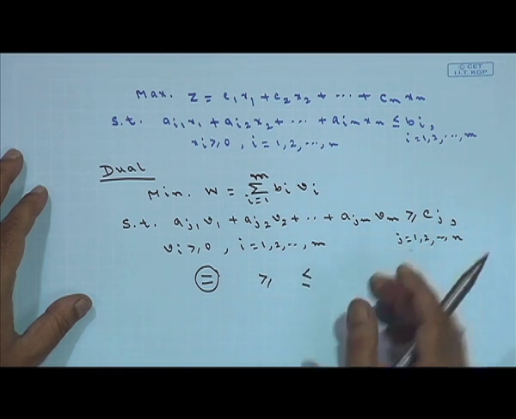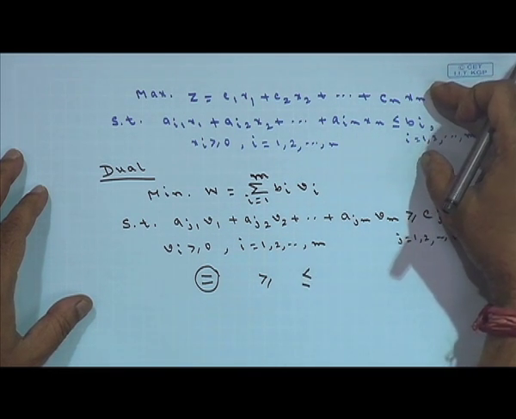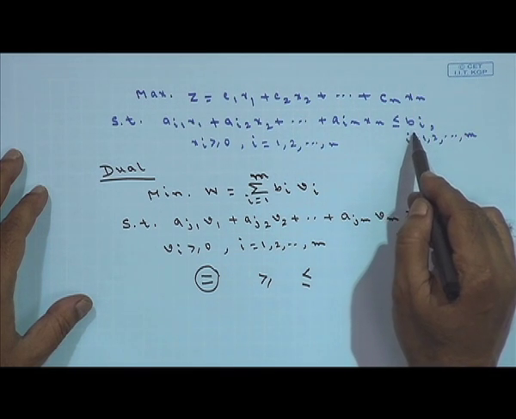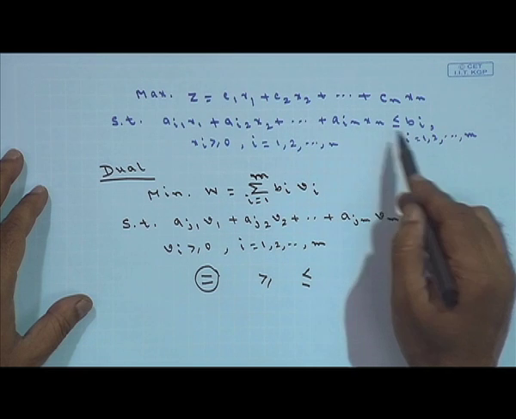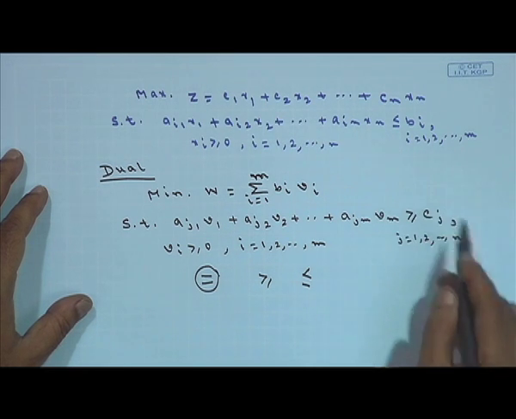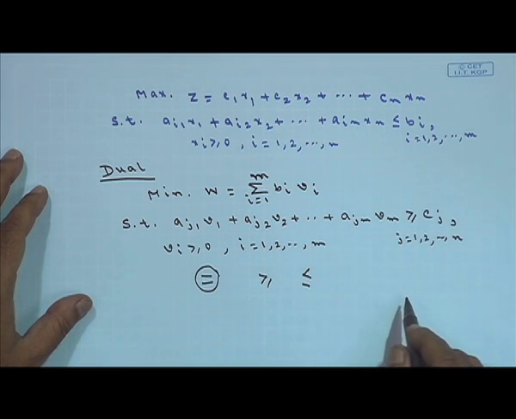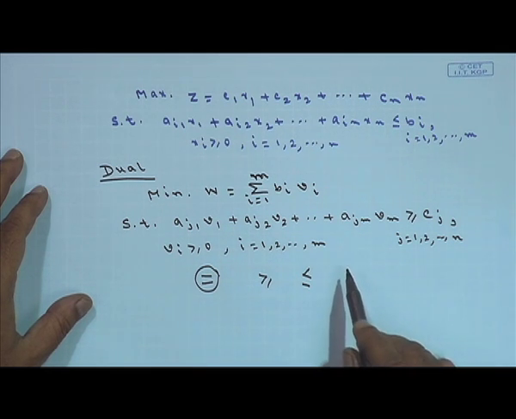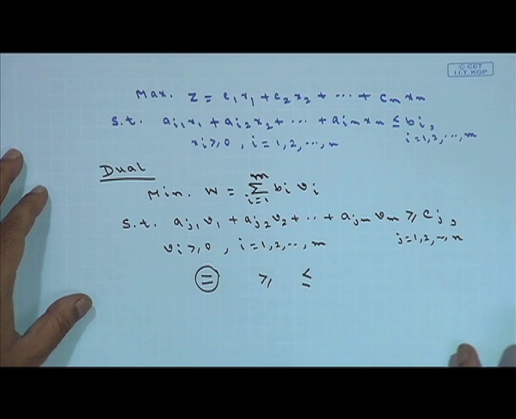We assume this as the standard canonical form of the original problem. If it is not in canonical form, first I convert my LPP into canonical form, and then write down its dual in this particular format.